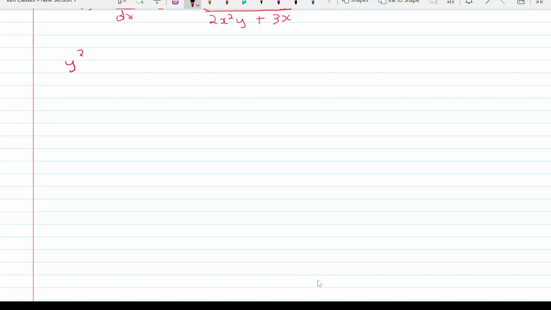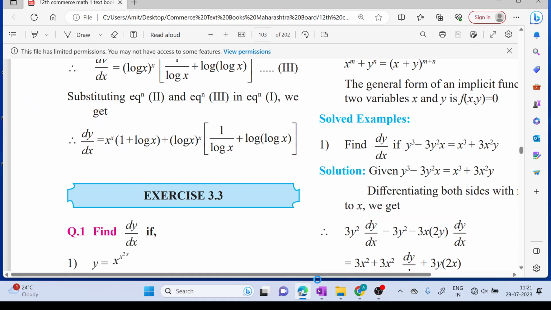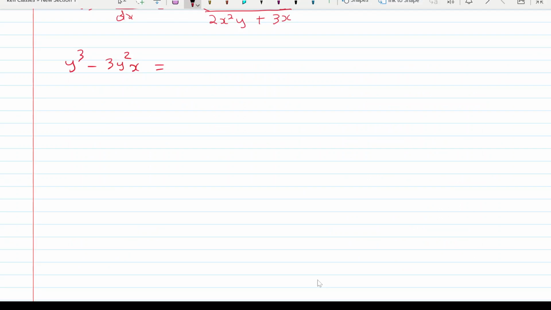So y cube minus 3y square x is equal to x cube plus 3x square y.